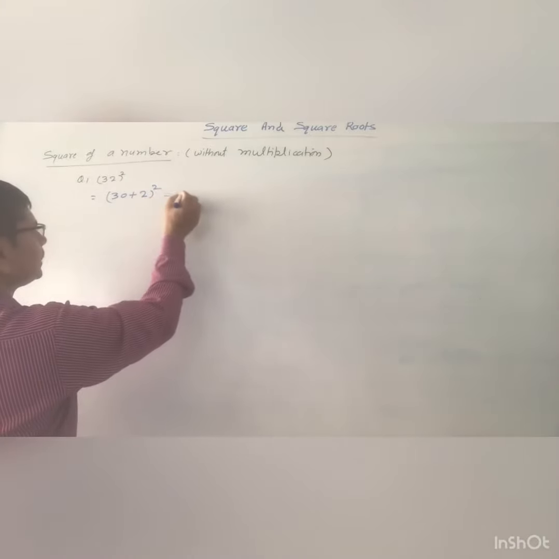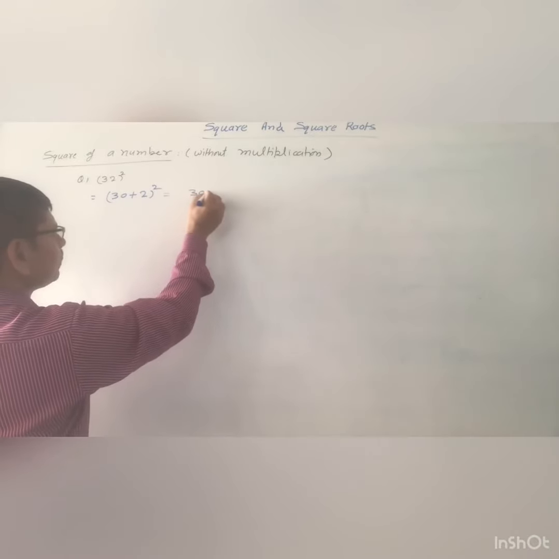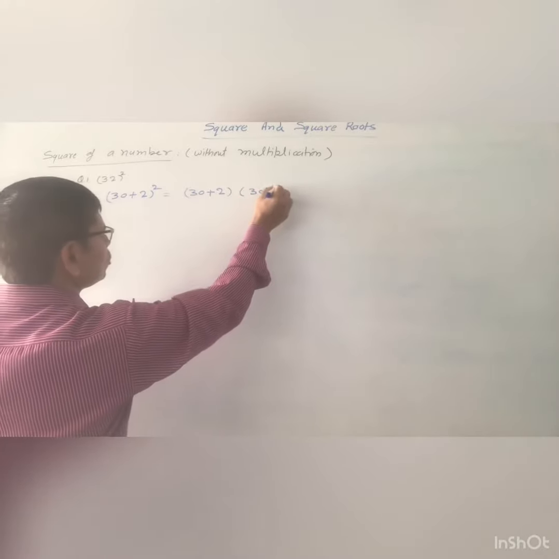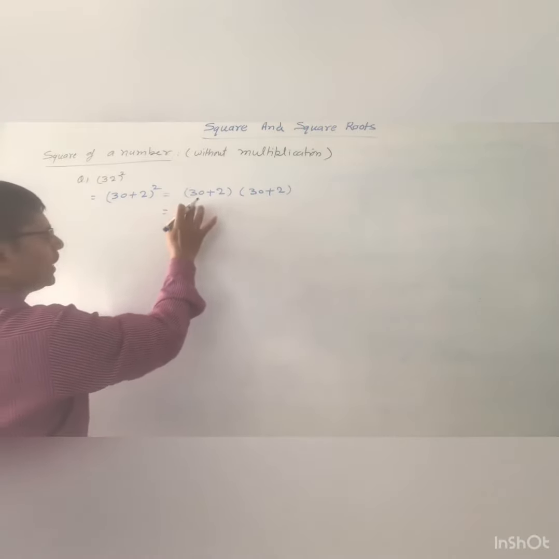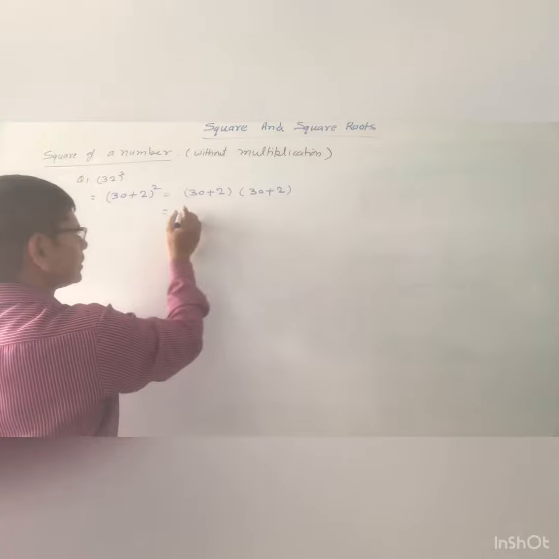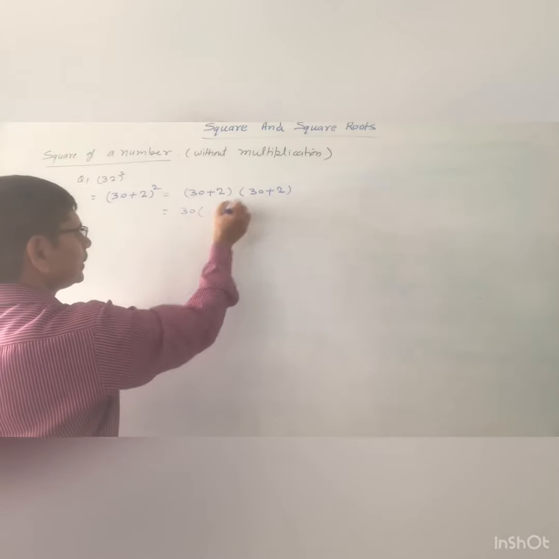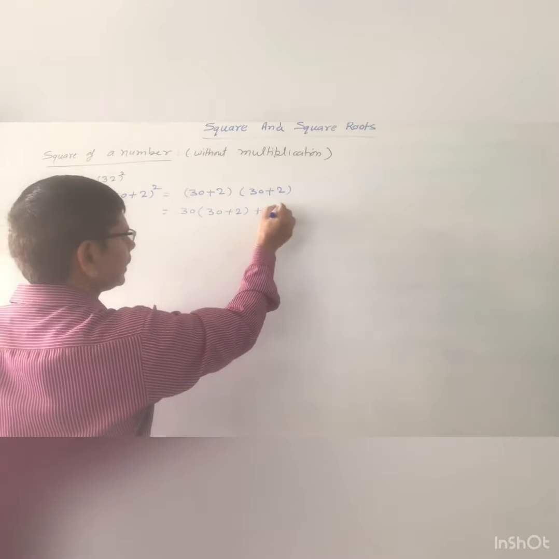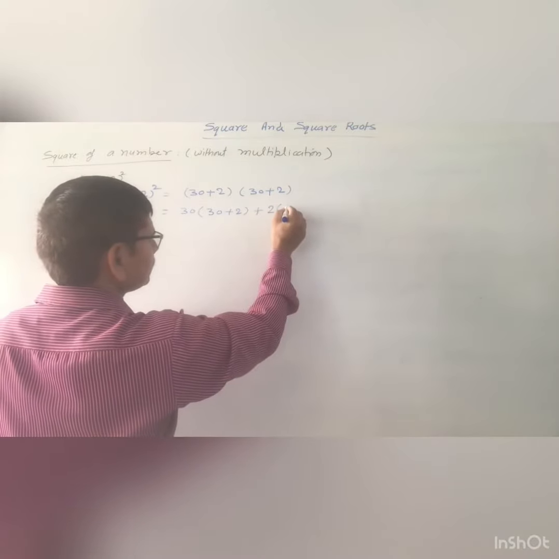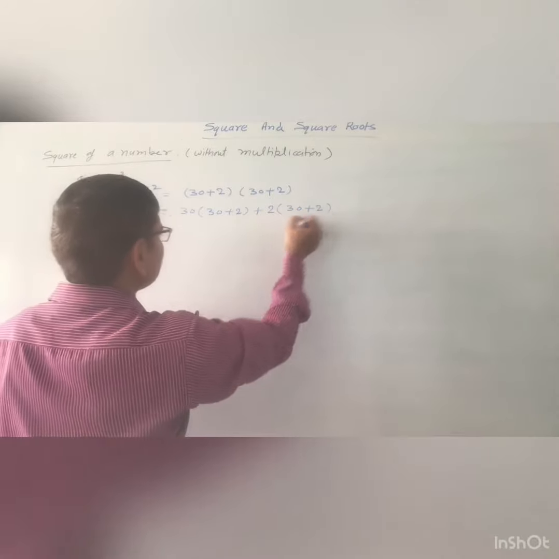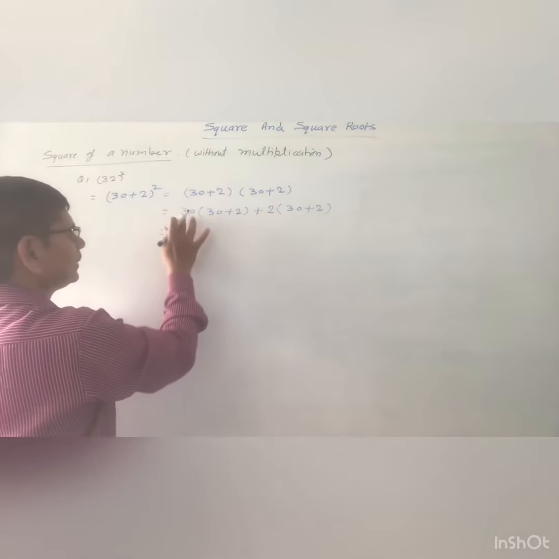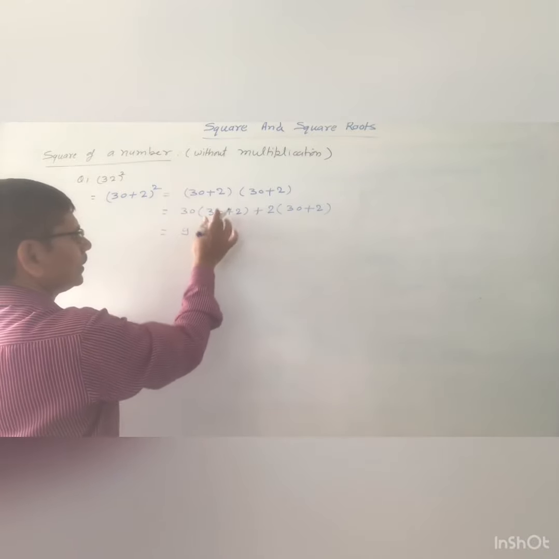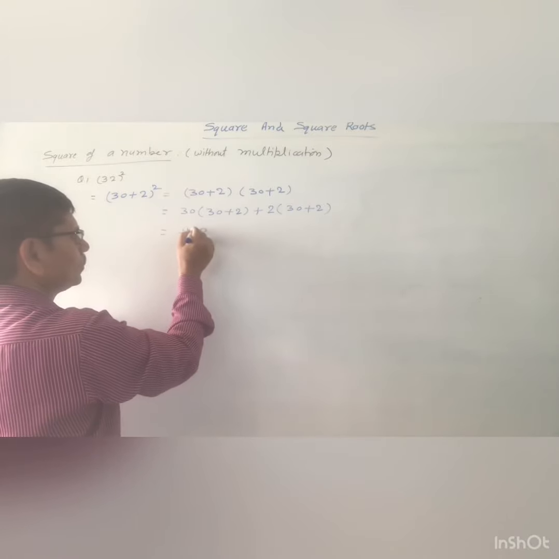And this square is written as 30 plus 2 and 30 plus 2. That is, you will get 30 and this bracket, after that 2 and then this bracket. So what do you get by operating this bracket? 3 3 is 9 and 1 0 and another 0, so 900.